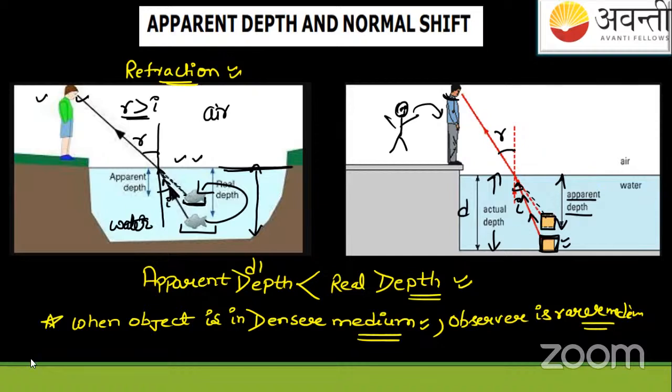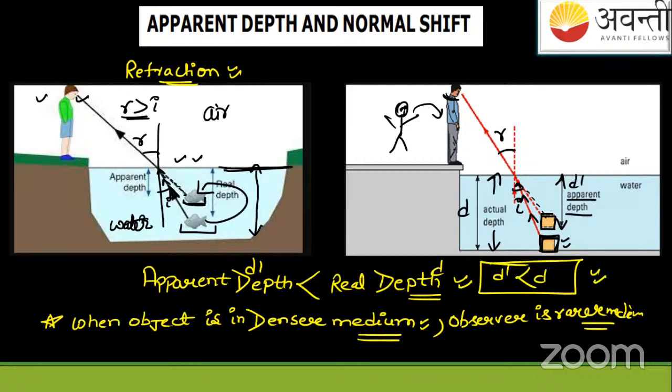I'm giving this apparent depth the symbol d dash. So d will be greater than d dash in this case.